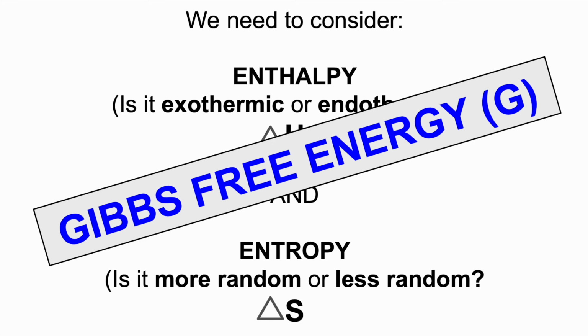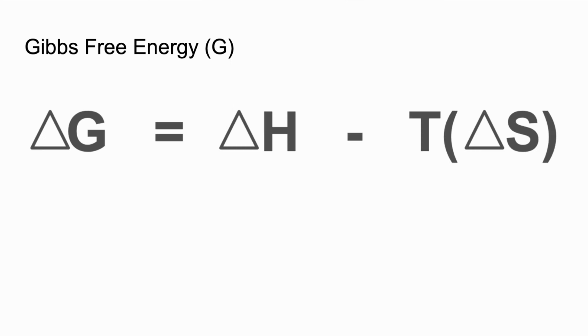This is Gibbs Free Energy. Gibbs Free Energy factors in those two concepts, enthalpy and entropy, and you will see it as this equation here. When it comes to Gibbs Free Energy, which we would say is G, if we want to determine whether or not a reaction is spontaneous or non-spontaneous, we would have to calculate the delta G, the change in Gibbs Free Energy.